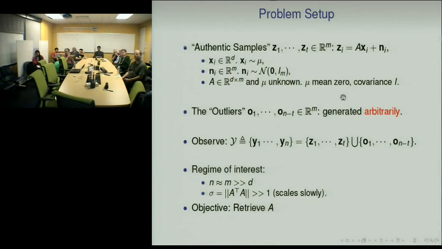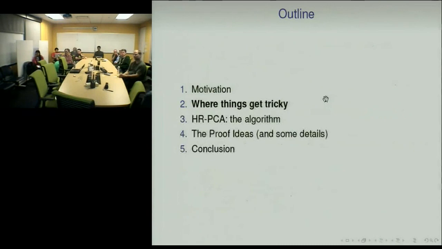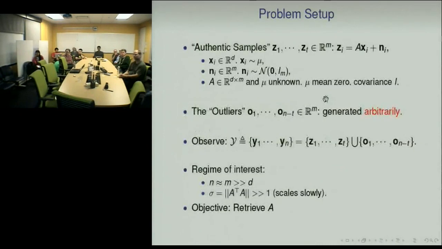Our objective is to retrieve A. This is the setup of interest in a more precise way. Of course, retrieving A exactly is impossible, so we're going to settle for something that looks like A. Shortly I'll discuss what it means for sigma to scale slowly.